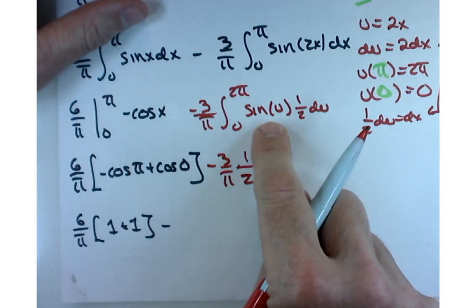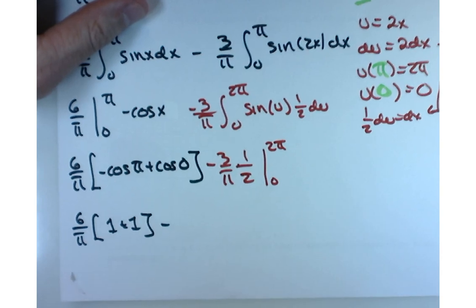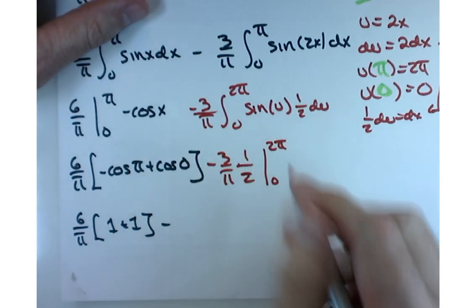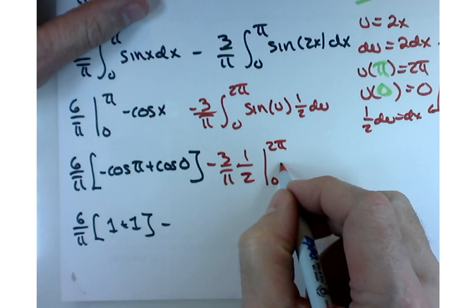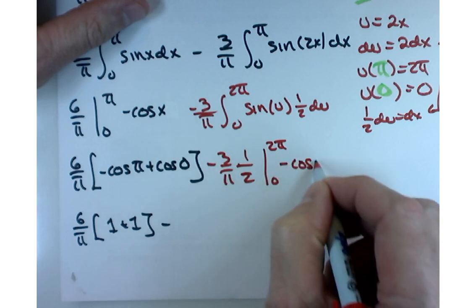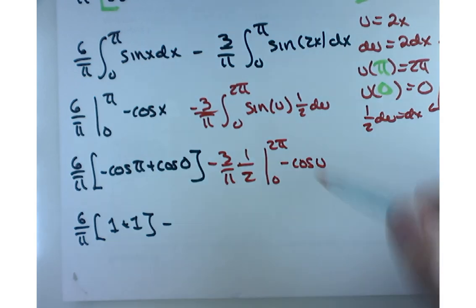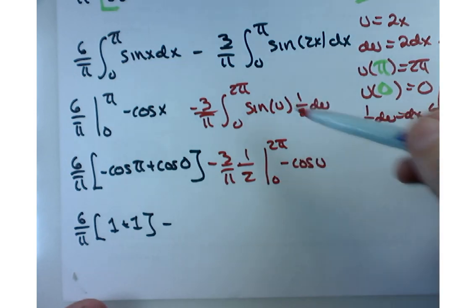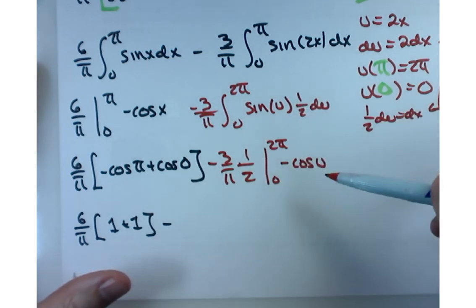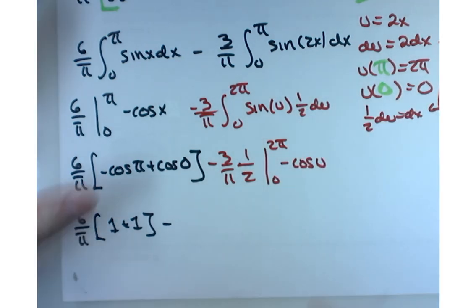Now I need an antiderivative of the sine of u. Antiderivative of the sine of u is going to be minus cosine of u. The nice thing about switching our units of integration is that I don't have to switch back. I don't have to go back to units of x and the integral from 0 to pi. I can just finish this off in units of u.